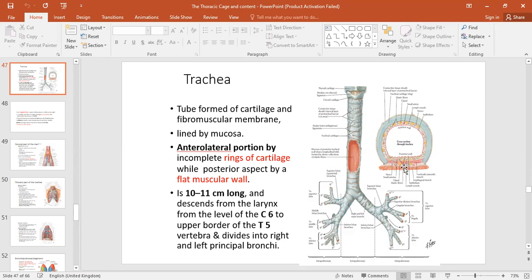If by any chance, during endotracheal intubation, you force the tube so much, you find that this thin muscle can be punctured, and therefore air will be entering the esophagus, or vice versa, where food will be going into the trachea during swallowing, because it's just a thin layer of muscle.